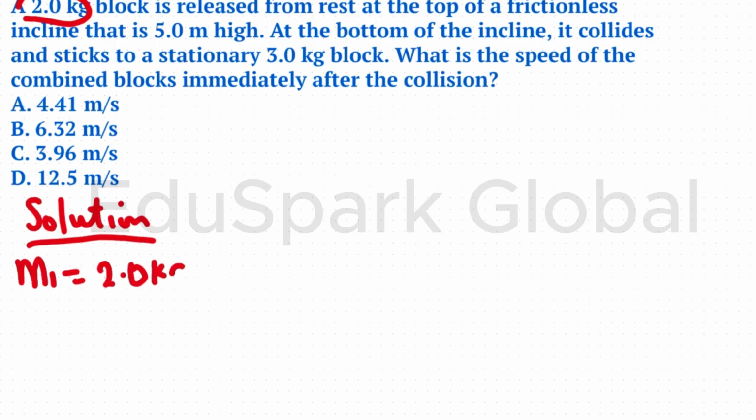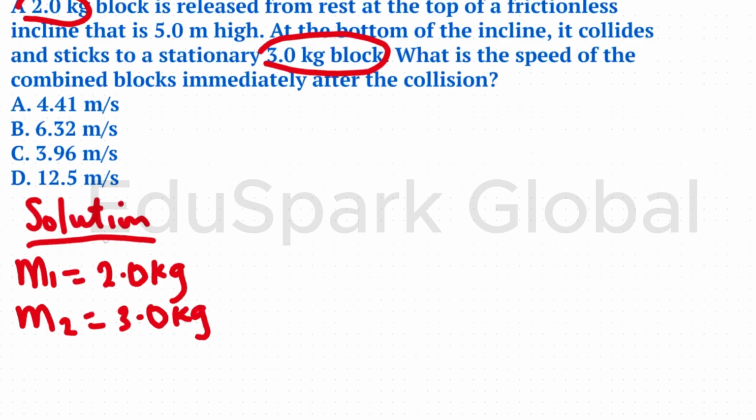Then the mass after collision, let's call it m2, equals 3.0 kilogram. And the height, let's give our h to be 5.0 meters. Our acceleration, which is our g, equals 9.8 meters per second squared.